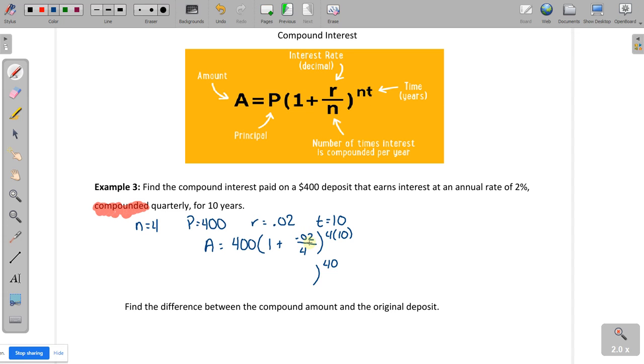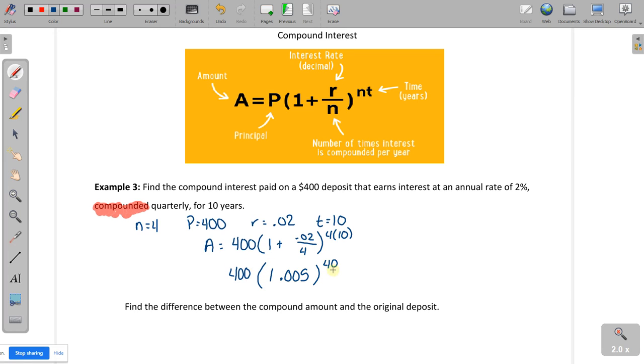Now divide 0.02 divided by 4 gives us 0.005. We're adding a 1 to it, so it'd be 1.005 times 400.